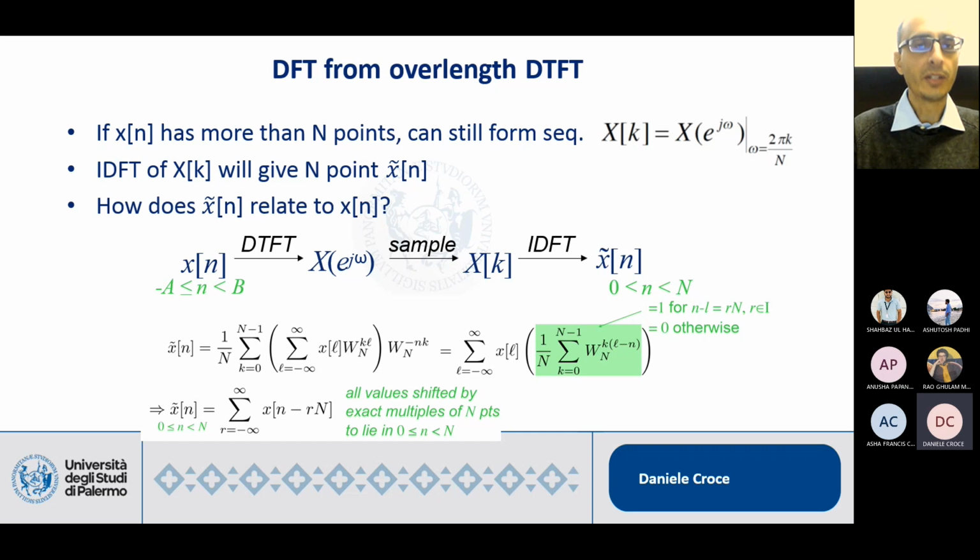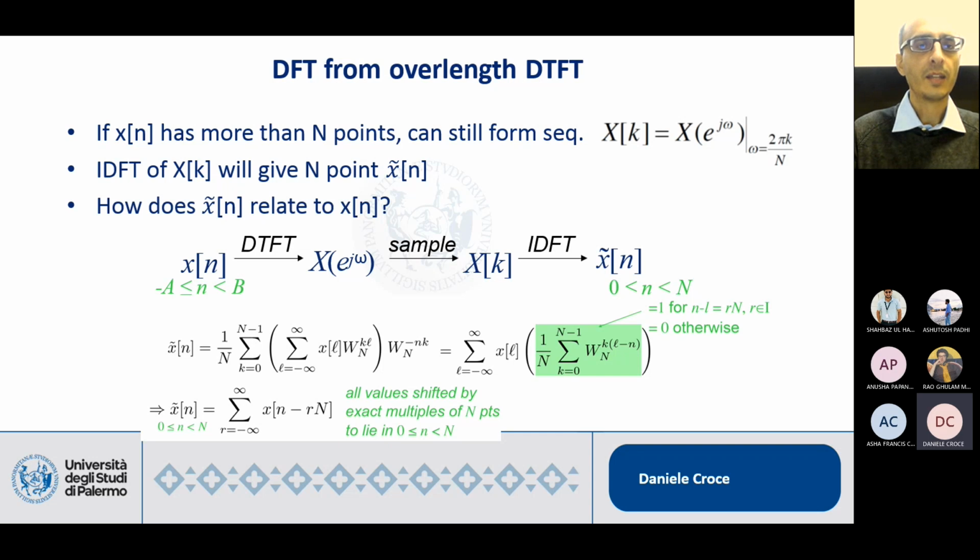And this sequence will be periodic, because the DTFT, of course, is periodic. So if we compute the inverse discrete Fourier transform of capital X of k, we get a sequence of capital N points. But these capital N points probably are different from the original sequence x of n, because the original sequence had more than capital N points. So the question we want to answer is, how does the obtained sequence x tilde of n relate to the original sequence x of n?